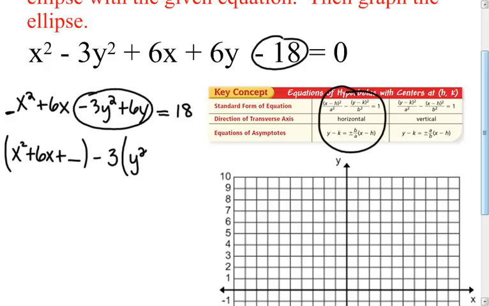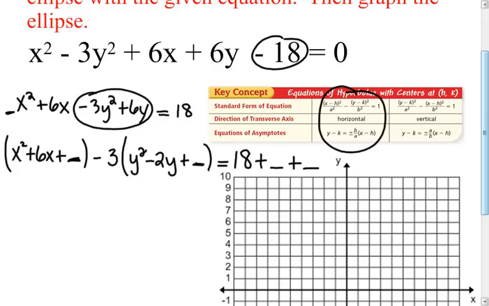And then negative 3 times negative 2y gives me positive 6y plus a blank equals 18. Now, on the right side, you need a blank to match every blank that's on the left side. So I had one blank here and one blank here, which means I need a blank here and a blank here. Okay? However many I have on the left, I have to have that many blanks on the right.